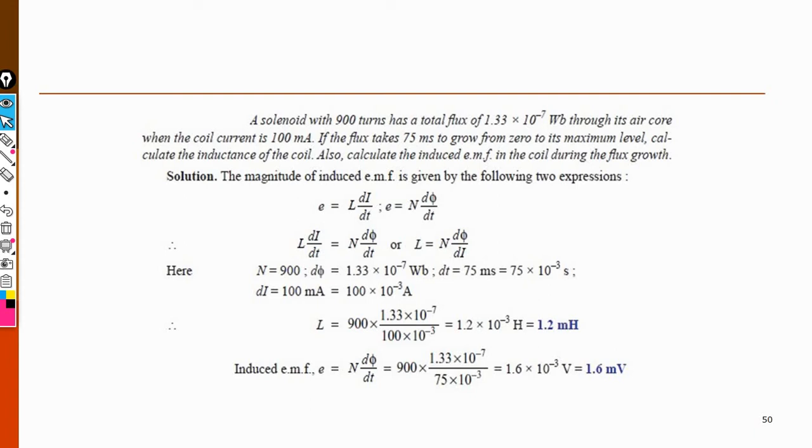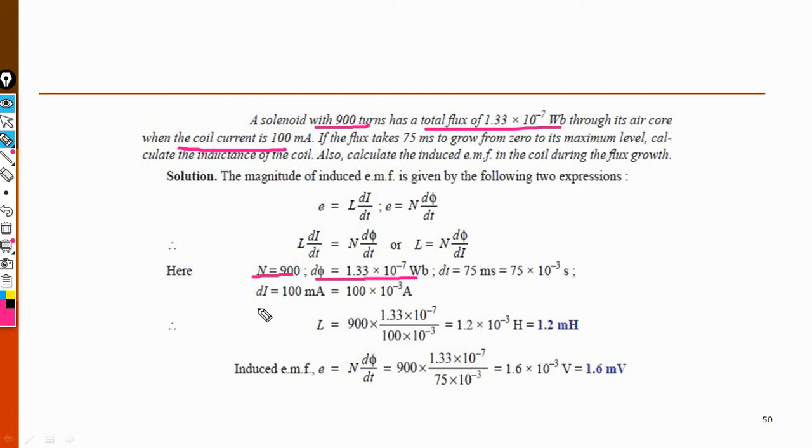Okay, now we consider one solenoid. The solenoid consists of a number of turns, 900 turns. That means N is equal to 900 turns. Then it has a total flux d phi of 1.33 into 10 raised to minus 7 Weber through its air core, and the coil current is 100 milliampere.